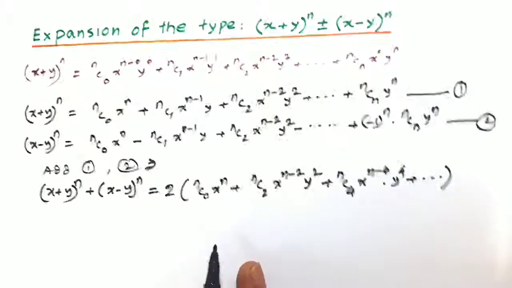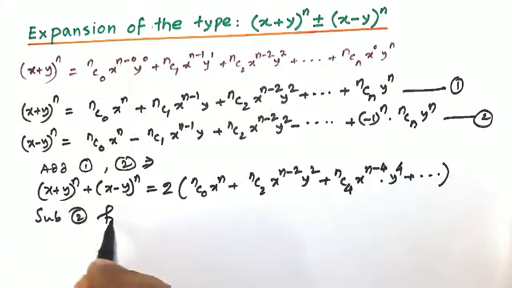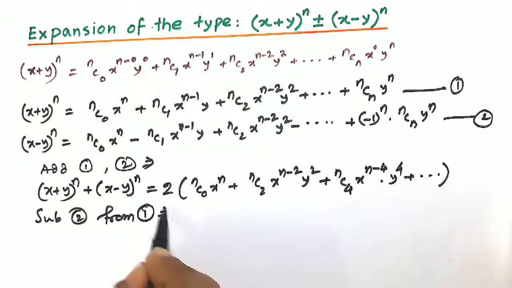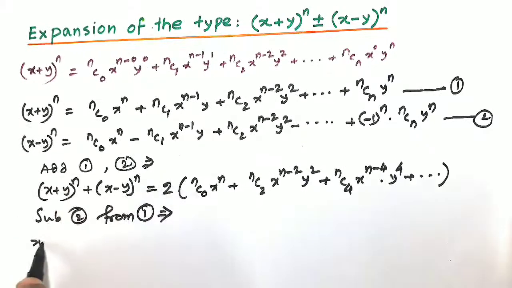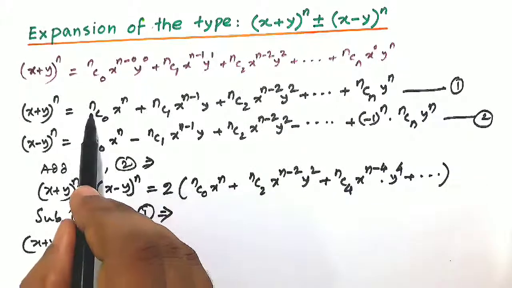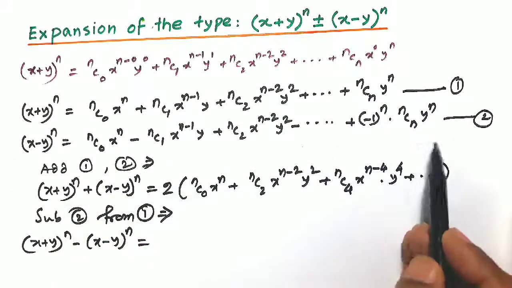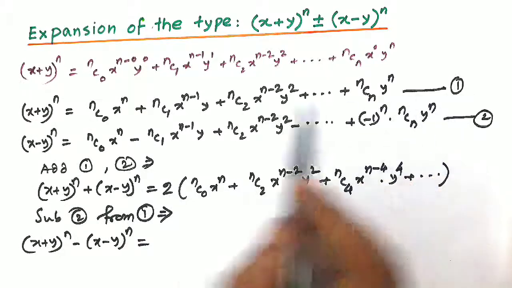Okay, and if you subtract 2 from 1, we shall get now (x + y)^n − (x − y)^n is equal to, now these same signs will be cancelled since you are subtracting the second expression from the first expression.